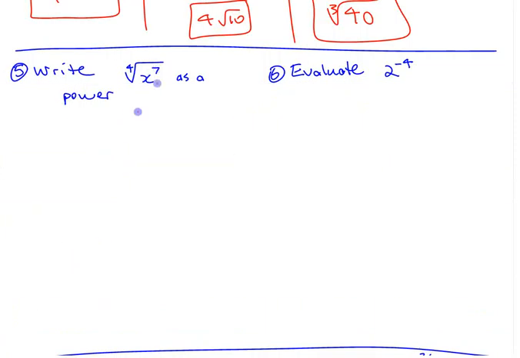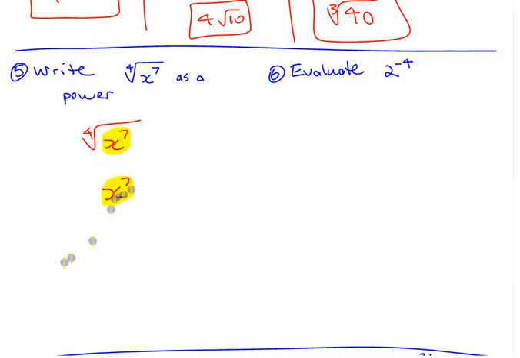This one, 4th root of x to the 7th. Some of you just memorized that this number is the top of the fraction and this number is the bottom of the fraction. That's okay if you've done that. If you haven't memorized it, you can actually just do it from an understanding point of view here.